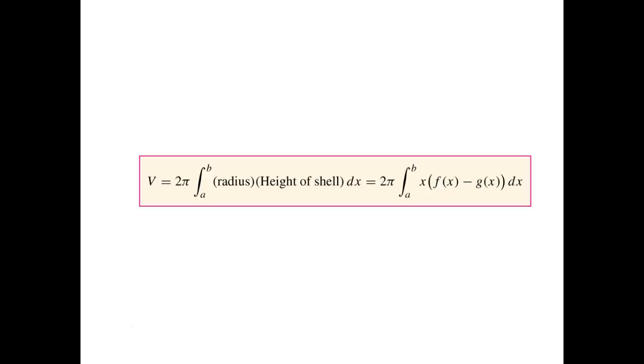The height of the shell now is just the difference between those two functions. And then your dx is just like it was before. So basically, nothing changes about your formula, except that rather than f of x, you have f of x minus g of x. And guess what? There's no squaring of those things, so you don't run into big powers. It's just a difference of those two. Does that part make sense?